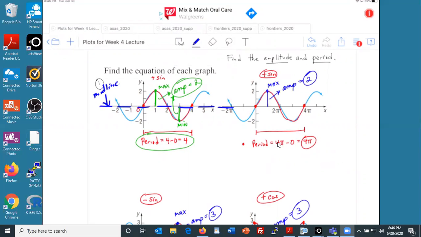So in number 1, we found that the amplitude was 2. We also remember that it's a positive sine function, and the period is 4. So from the period, the b value is 2 pi divided by the period, which is pi over 2.